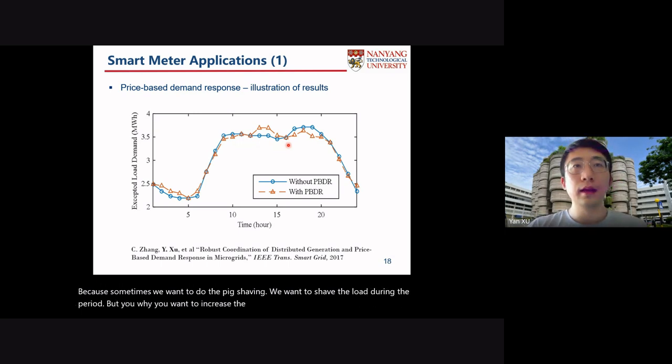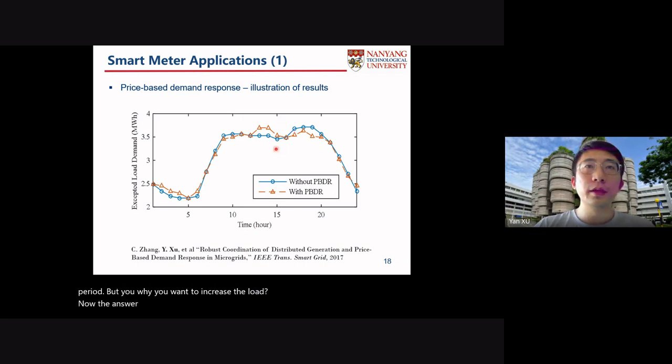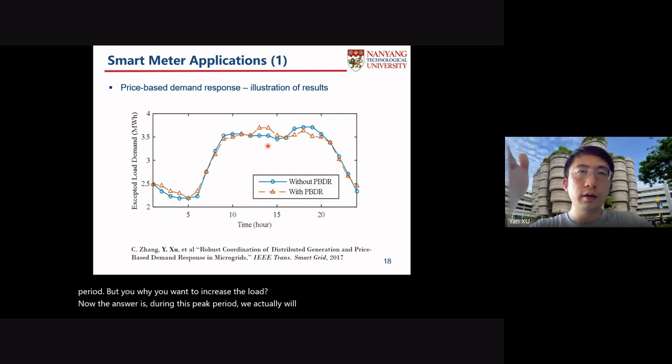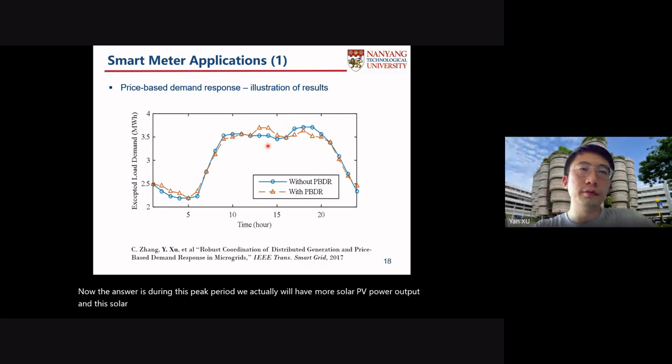Now, the answer is, during this period we actually will have more solar PV power output, and this solar PV output is almost free of cost. That's why we want to encourage people to use more clean energy during this period. This is why we set a lower price during this period.